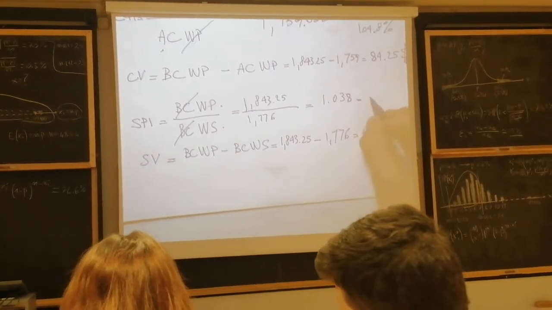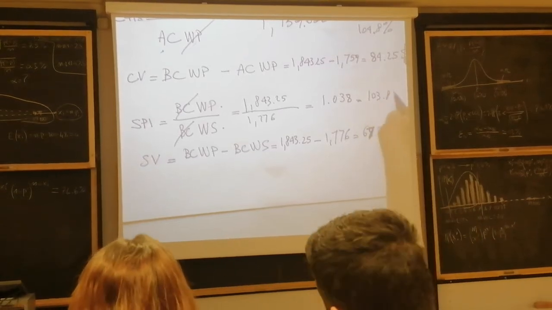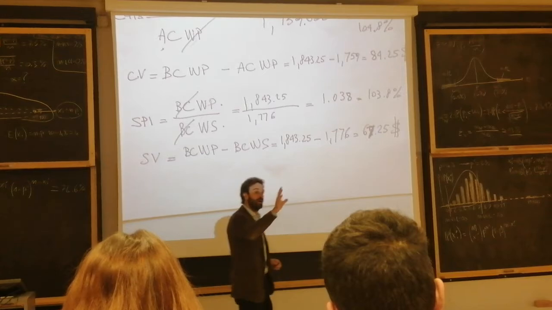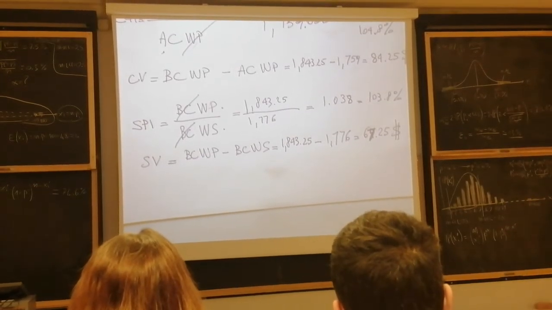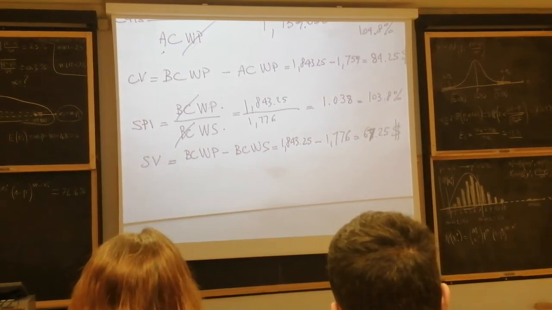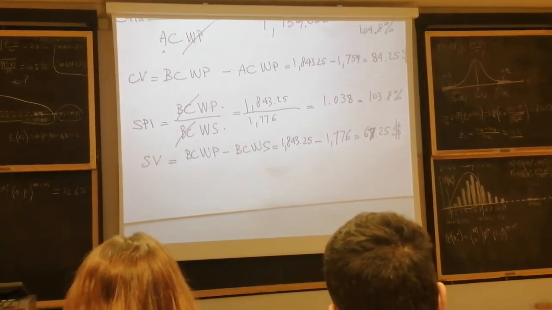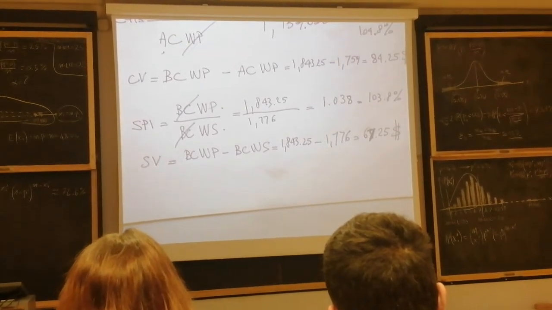Which means that we are saving 3.8% time. Wow, much better. And the 3.8% time value in dollar amount is $67,250. But what I'm interested in is that we are saving 3.8% time.